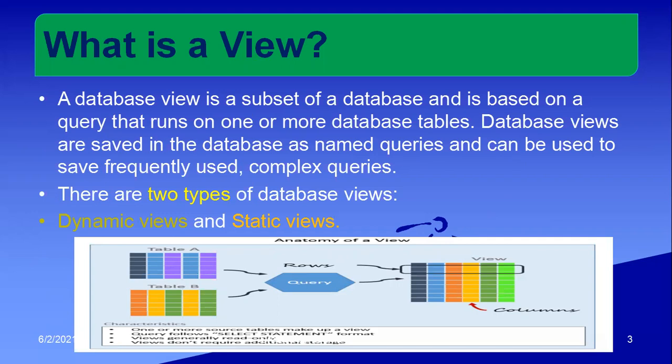We can also say that views are a subset of the database, because views can have one or two tables joined together. When we select information from more than one table, in the result we can make a single view.